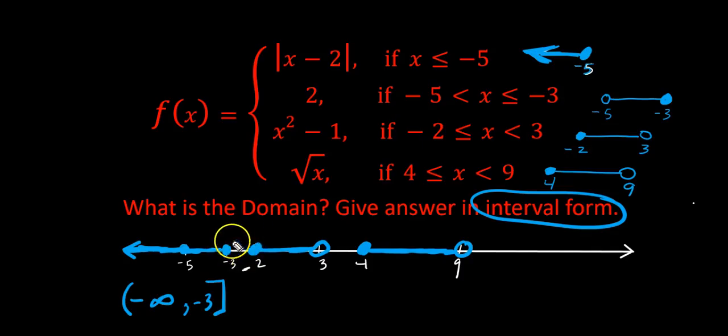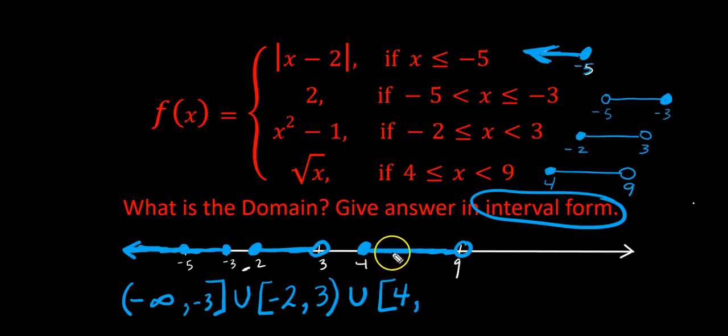Now notice there is a gap between -3 and -2. I'm going to write that gap with a union symbol. Then I pick it up again at -2, and -2 is included. Then I have everything up until I get to 3, but 3 is not included. Then there's another gap, so I'm going to have a union symbol. I pick it up at 4, and 4 is included. And then I'm solid until I get to the end here, which is 9, and 9 is not included. So in interval form, this is our answer.